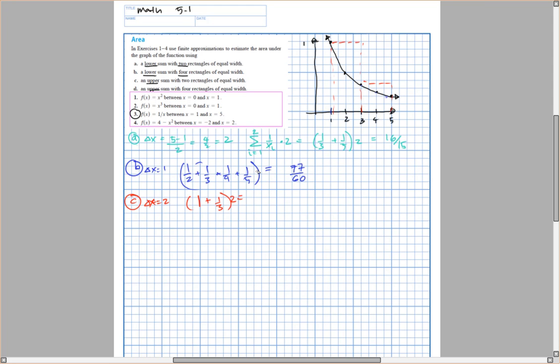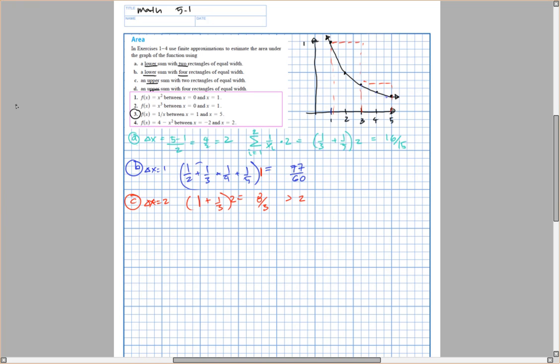Sorry, this is multiplied by 2. Oh, this is multiplied by 1 over here, so you don't need to worry about it. We're going to get 8 over 3. So in this case, it's greater than 2, where these used to be just barely over 1. So you see how big a difference taking upper sum and lower sum does.